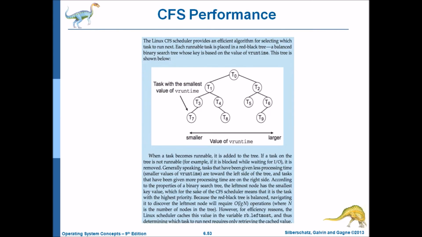Because the red-black tree is balanced, navigating to discover the leftmost node will require O(log n) operations, where n is the number of nodes of the tree. However, for efficiency reasons, the Linux scheduler caches this value in the variable rb_leftmost, and thus determining which task to run next requires only retrieving the cached value.